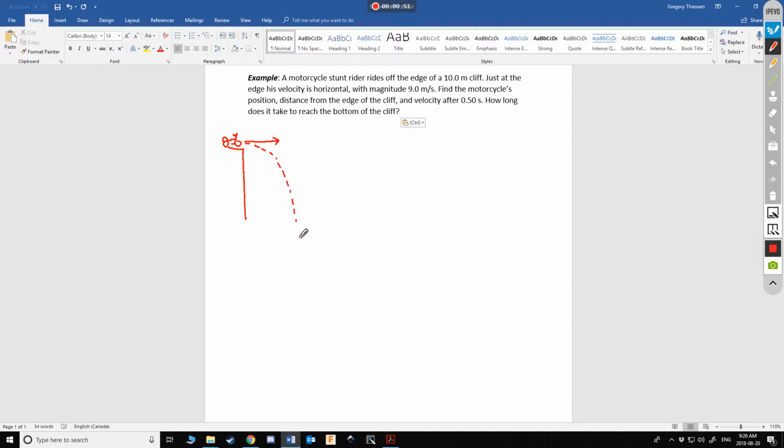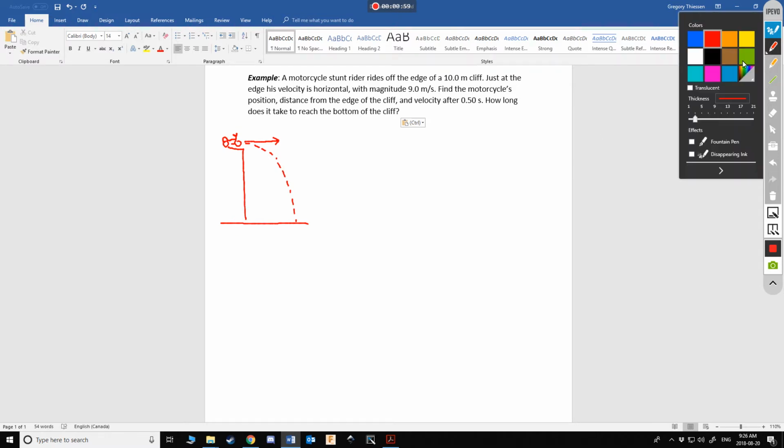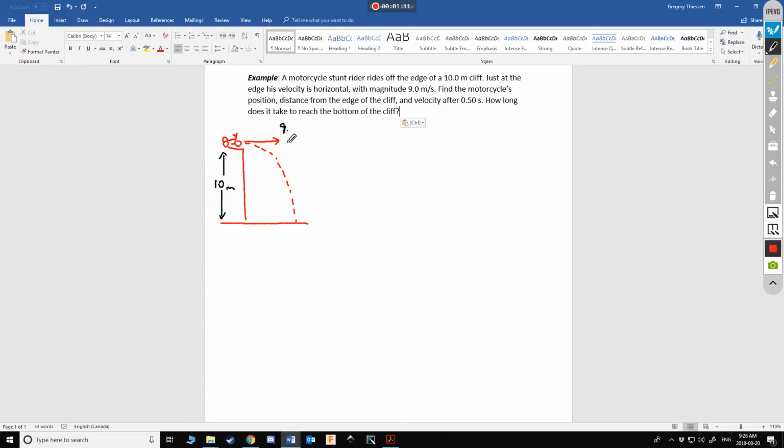And we know the path will be parabolic in nature. So some other things we know, say here's the ground. We know the height here is 10 meters. We know the initial velocity is 9.0 meters per second.